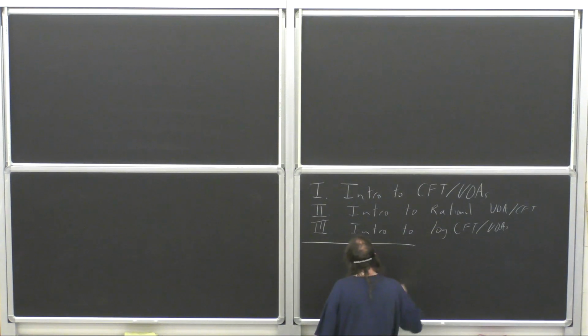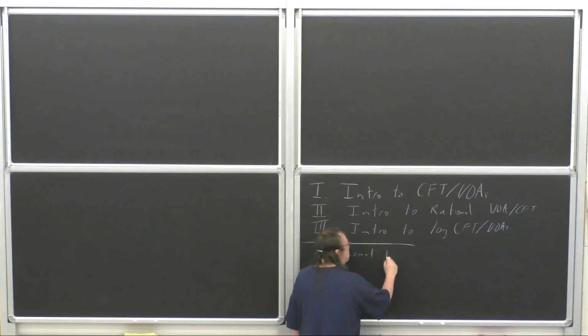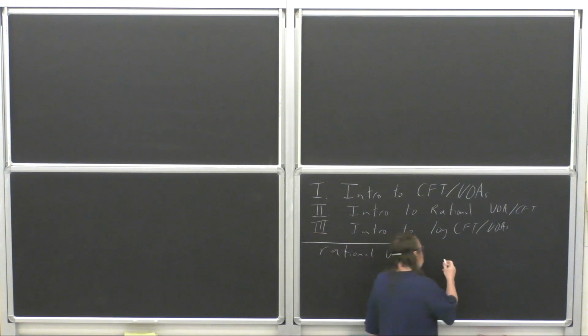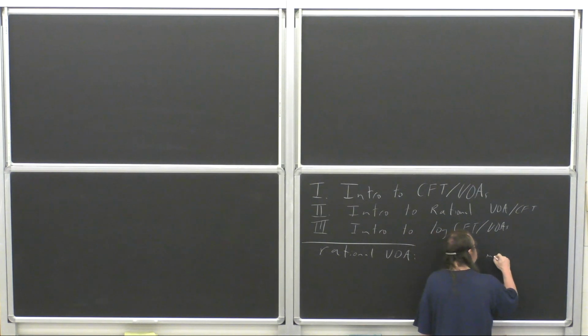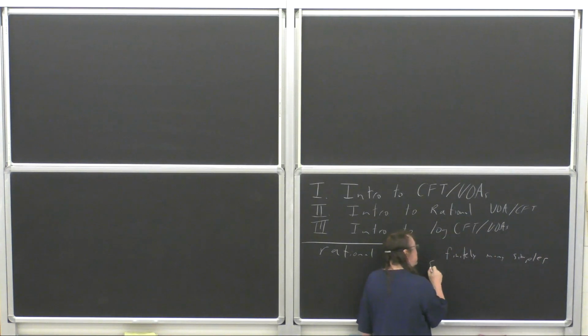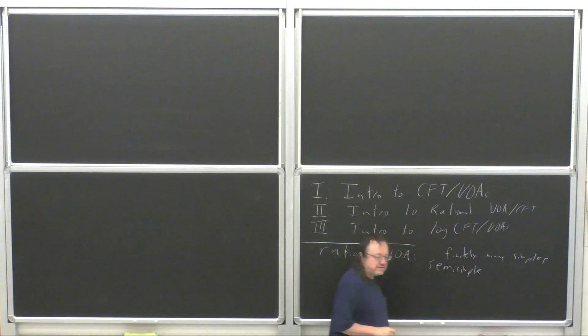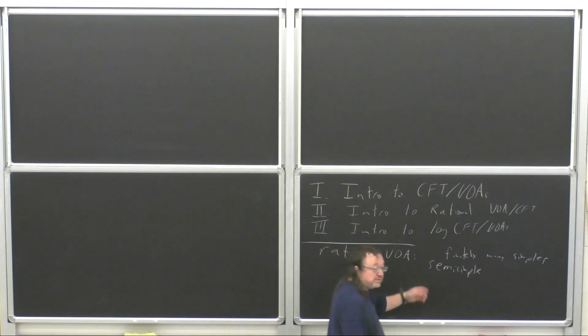So to remind ourselves of what a rational VOA is, I never defined it, but I'll state several of its properties. It's a VOA, which we all know all about, which has finitely many simples. It's semi-simple. As you know, what that means is any module will be a direct sum of simples.